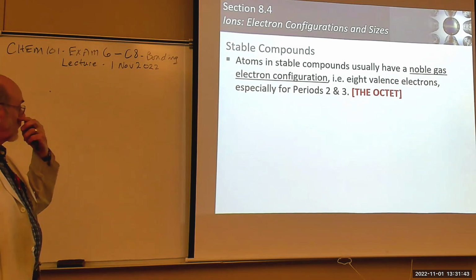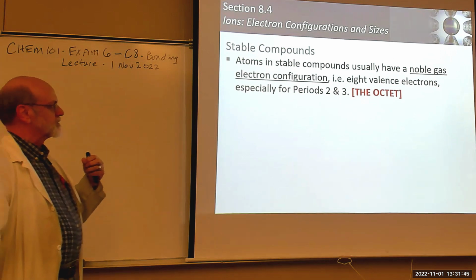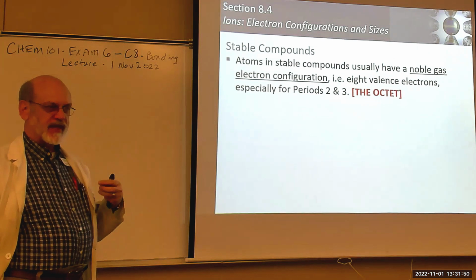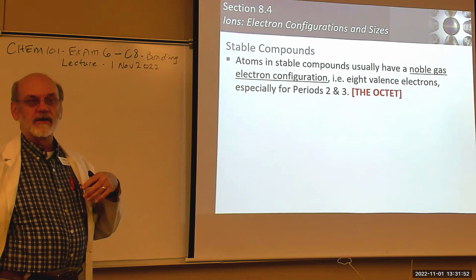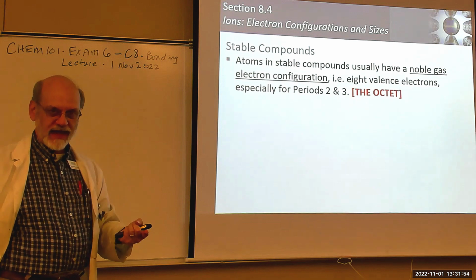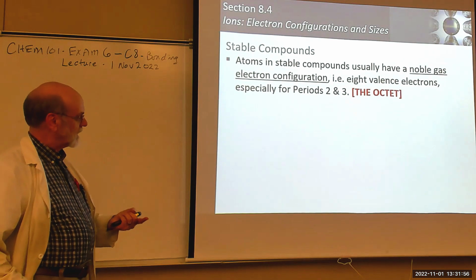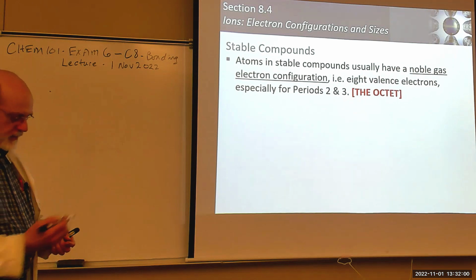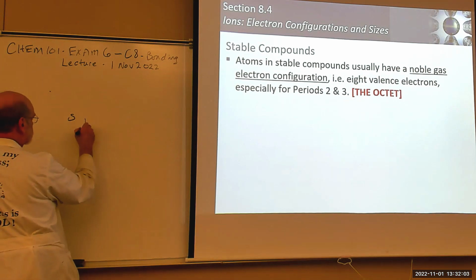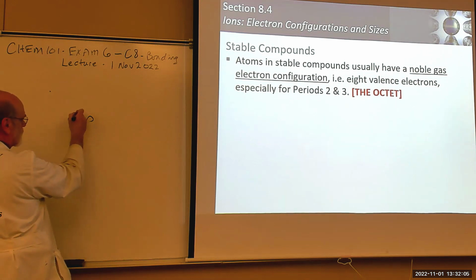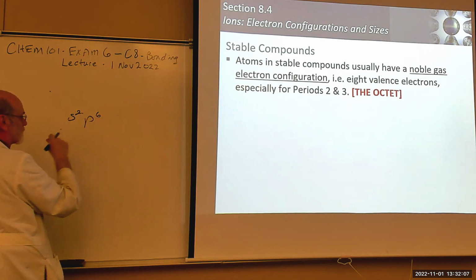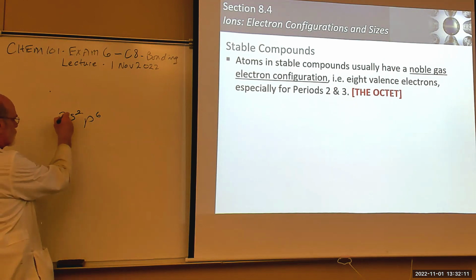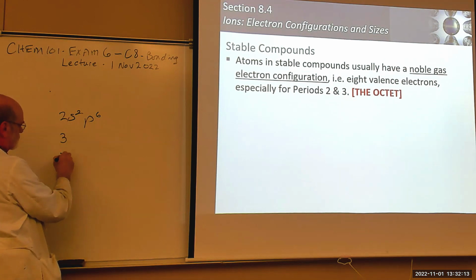I mentioned this earlier. Atoms that are most stable tend to be isoelectronic with noble gases. They have this octet in their valence shell. Now that works when you have an s and a p arrangement, right? Because you can have 2 maximum here and 6 maximum there. That gives you 8, your octet. So these could be 2s, 3s, 4s, whatever.